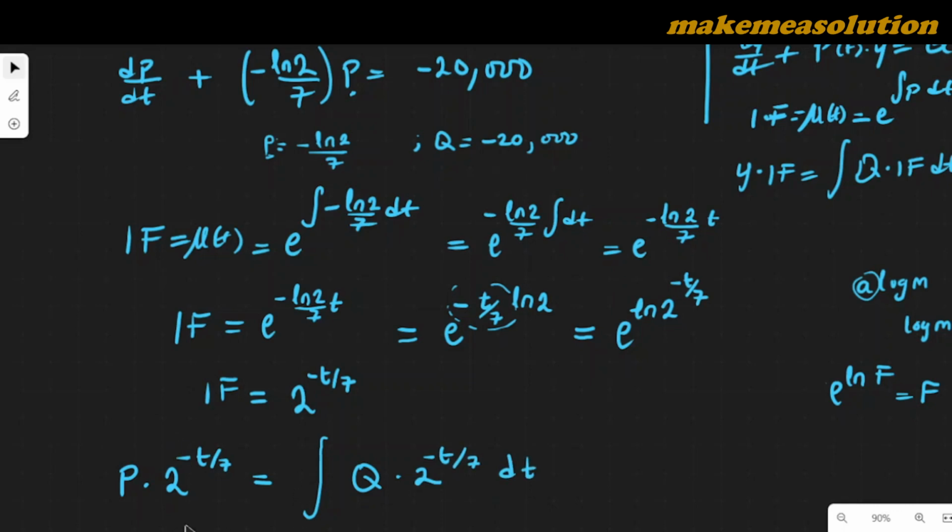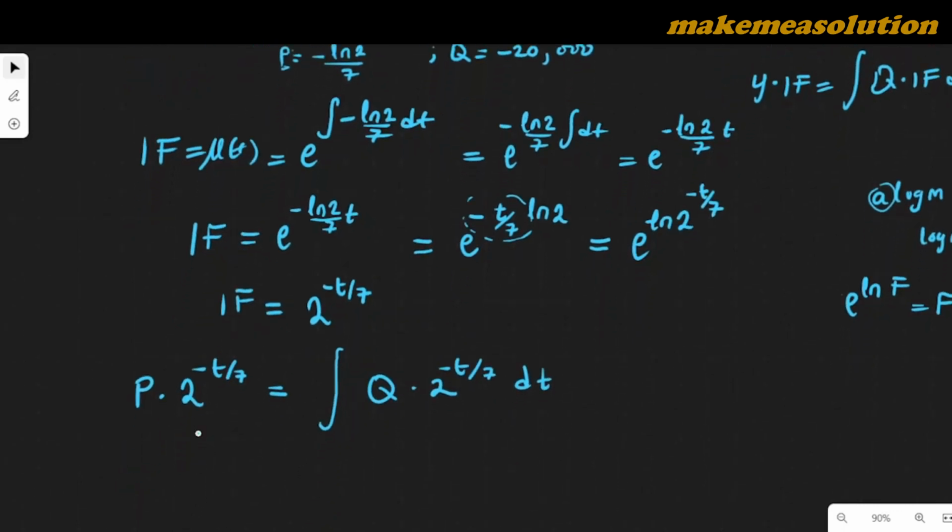Okay, and this time around our q is minus 20,000, if you can see it over here. So we have P times 2 raised to the power of minus t/7 is the integral of minus 20,000, not 2,000, then 2 raised to the power of negative t/7 dt.